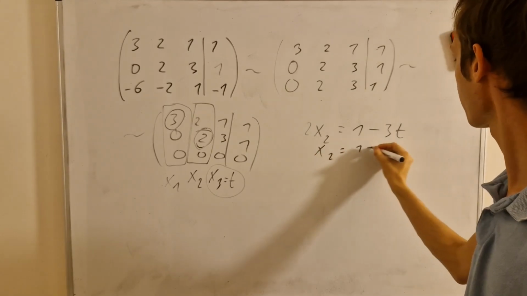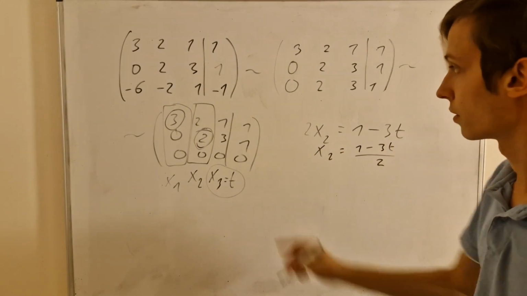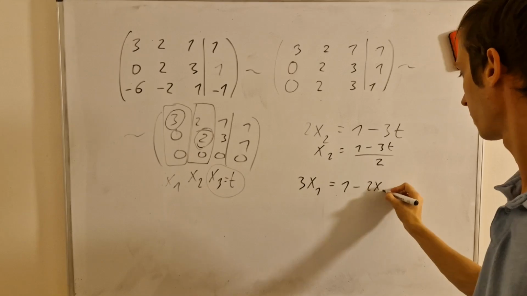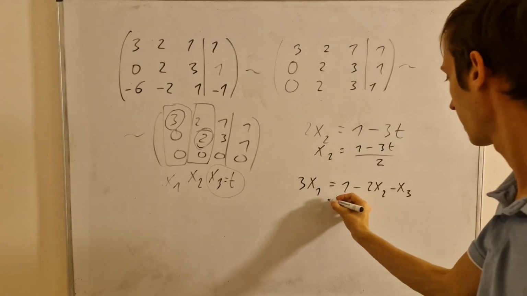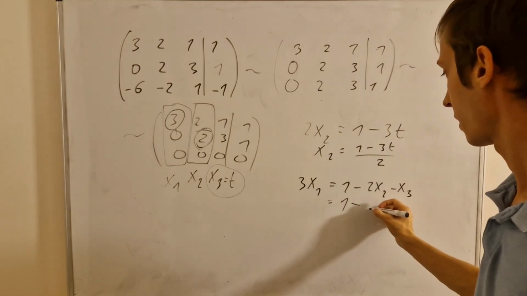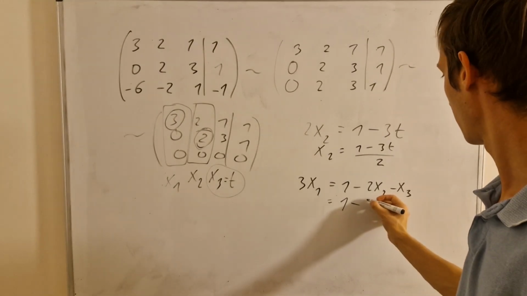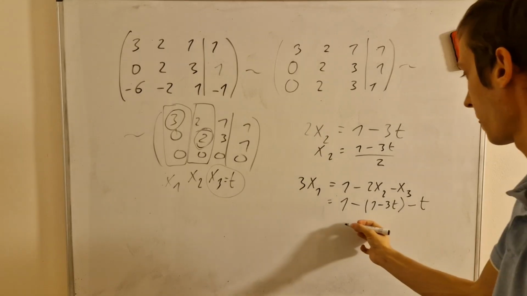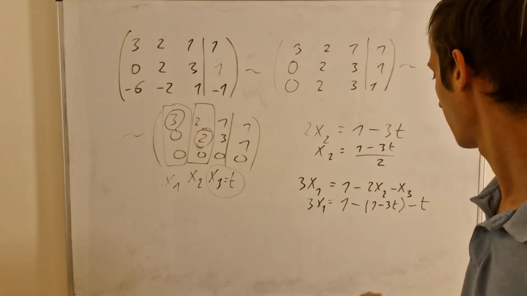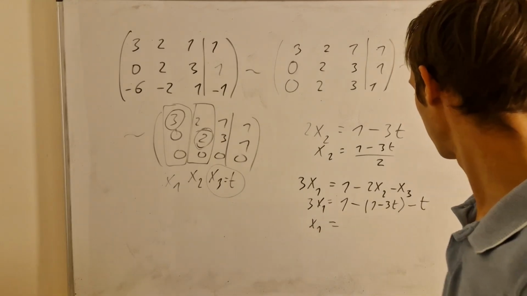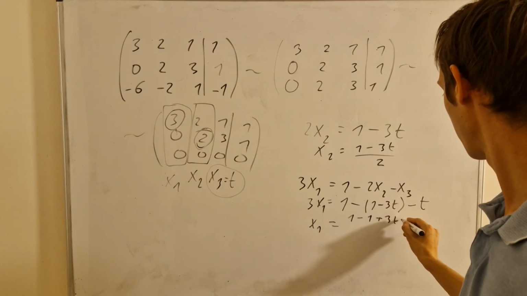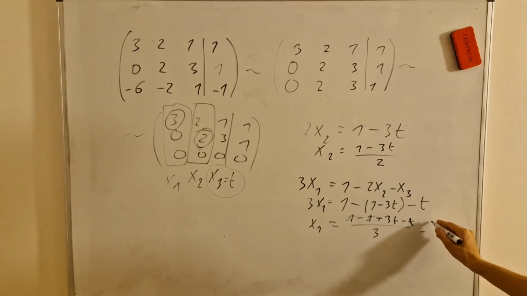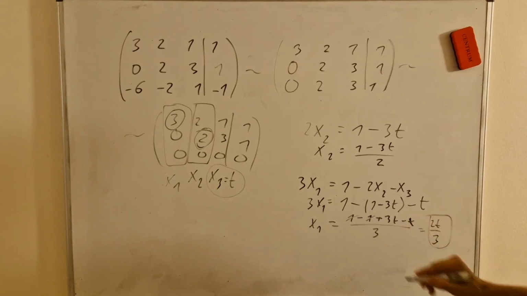So x2 is going to be, and using the first row, we get this, which translates to this.